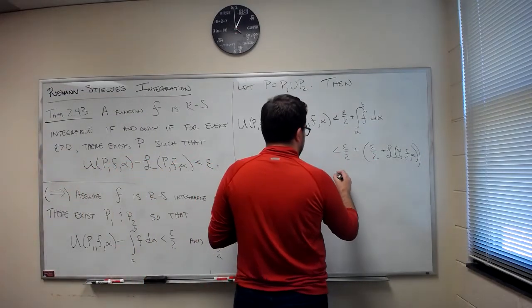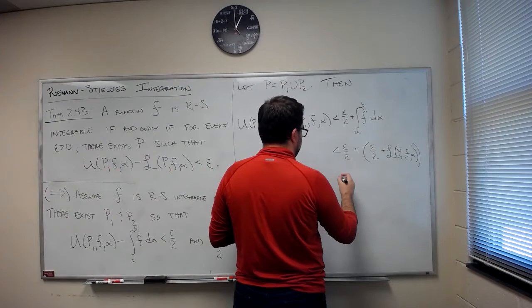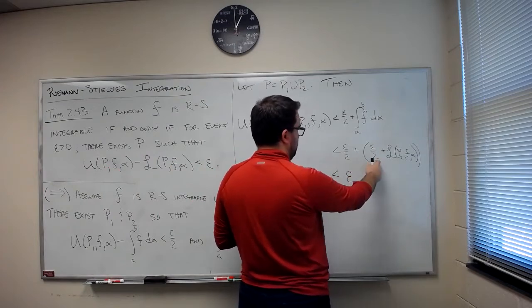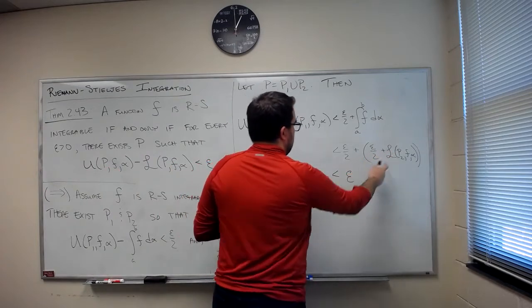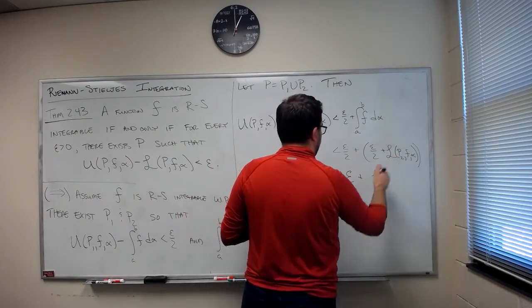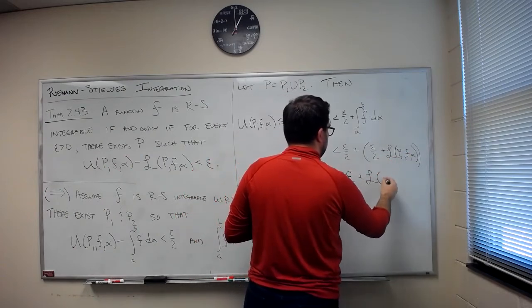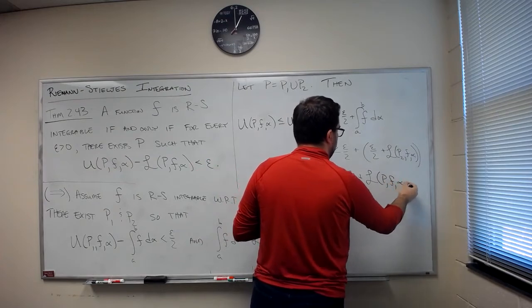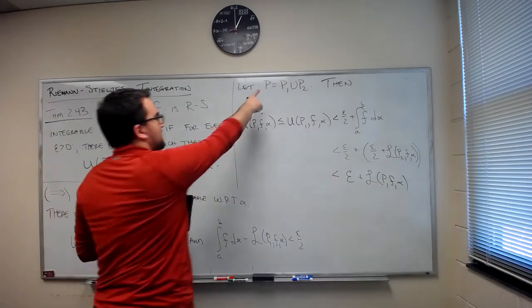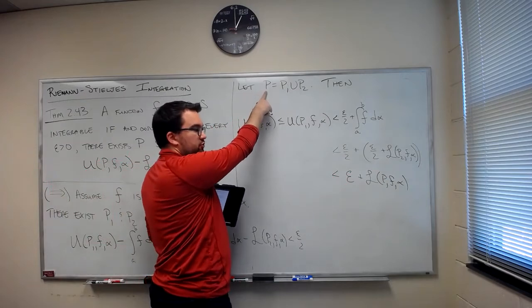Now I'll notice I can combine these two. So combining these two, I get epsilon. And now I've got this lower sum of P2, f, alpha, but I'm going to change out P2 for P, which is a refinement of P2.